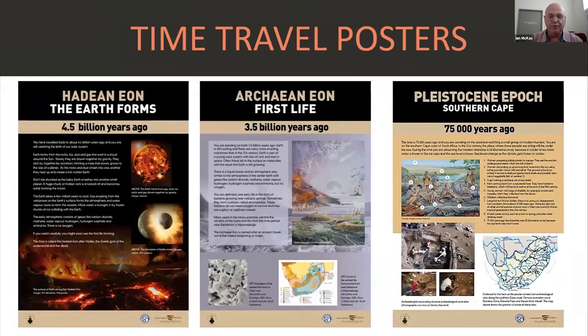And then we have this time journey, this journey through time. And we start actually with the Big Bang and the origin of the universe. We go through the solar system, how the Earth forms, the first life, all the way up until fairly modern times with the origin of human culture.